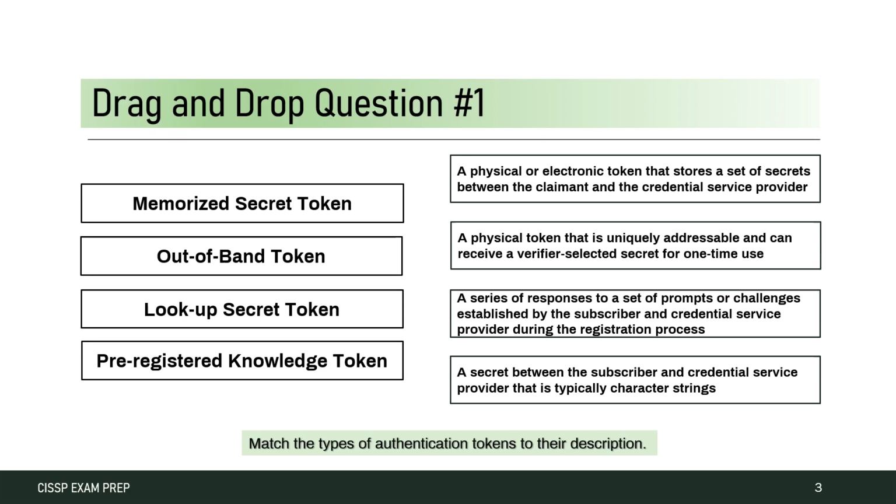On the left side, you have the terms or definitions, while on the right side you'll see the meaning or the explanation about the terms, such as the first one here: memorized secret token, out of band token, lookup secret token, and pre-registered knowledge token.